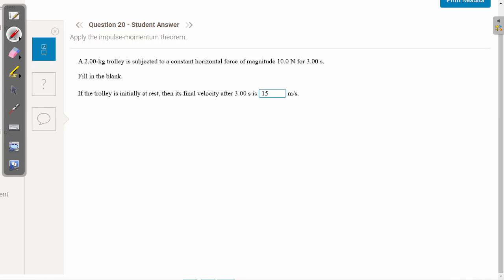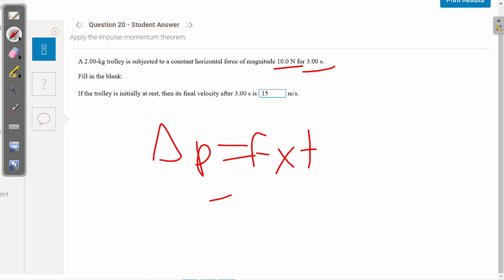So you have force and time. You can use delta P equals F times T, which is 10 times 3 equals 30. You have another rule which actually has velocity, what we want to find.